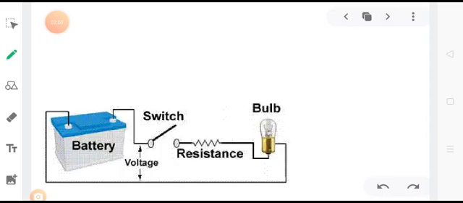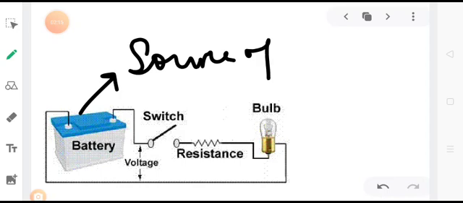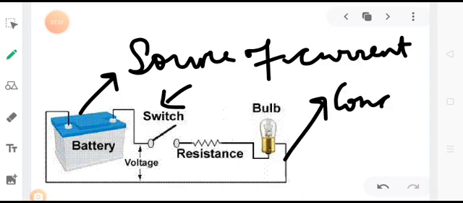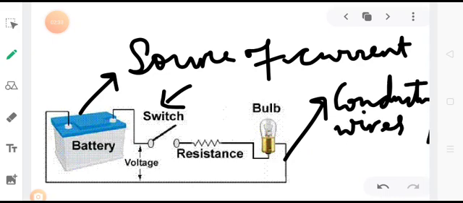For the simplest electric circuit, we require a source of current, we require a switch, and we require conducting wires. Now, these three are the essential components of any circuit.